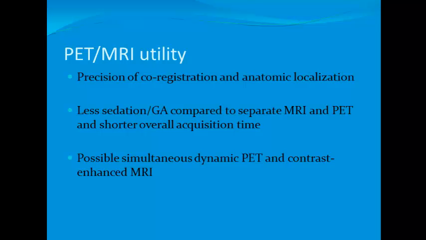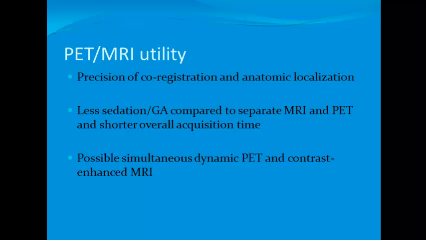First, about the utility of PET-MRI, as we've been discussing, one of the expected advantages is the ability to co-register the PET images with the MRI images to get improved anatomic localization. Additionally, in pediatrics, the main driving force is that patients would require less sedation if they got one procedure as opposed to a PET and an MR, or a PET and a CT.